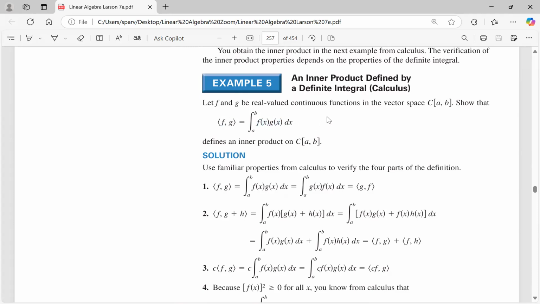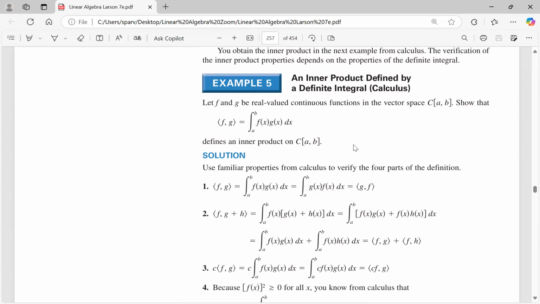So keep in mind in your calculus courses, for instance, the exercise, homework, test, whatever, anytime you're doing the definite integral of something like x sine x or x squared e to the x, knowingly or not, you're doing an inner product, a dot product of those.